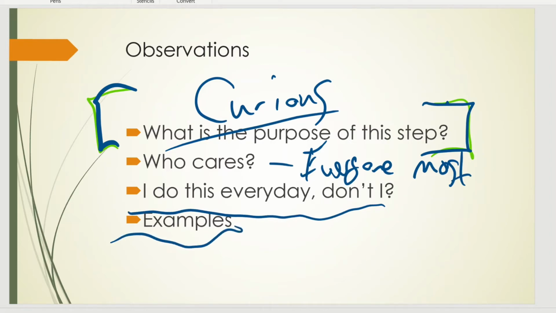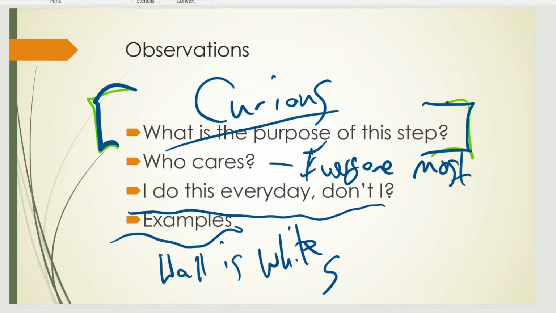An example would be, the wall is white. Maybe that is an excellent example of what we would call an observation. It's more of a statement, not really a question. The question comes afterwards.